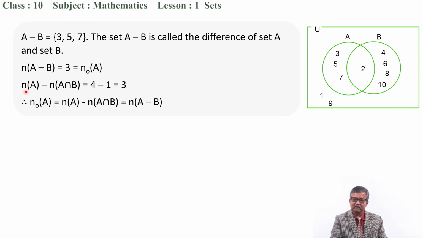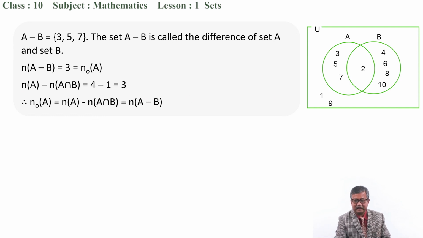So it is the cardinality of set A minus the cardinality of the intersection of set A and B, which is 4 minus 1, that is 3. So from this we conclude that n(only A) is equal to cardinality of A, n(A), minus cardinality of A intersection B, n(A intersection B). This means the difference of set A and B, that is, the cardinality of A minus B.